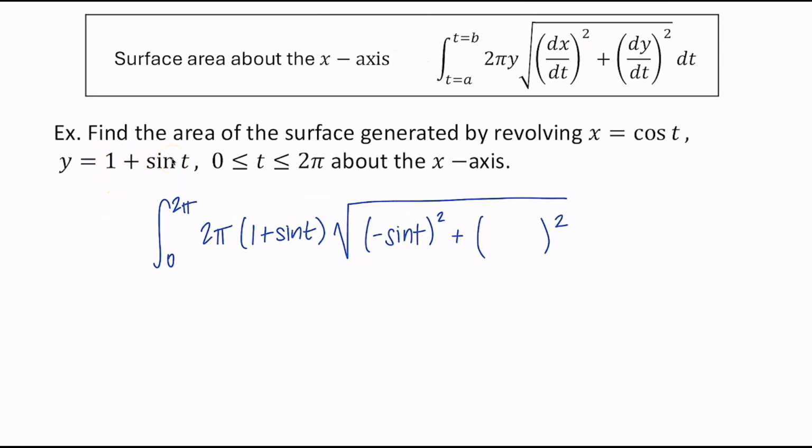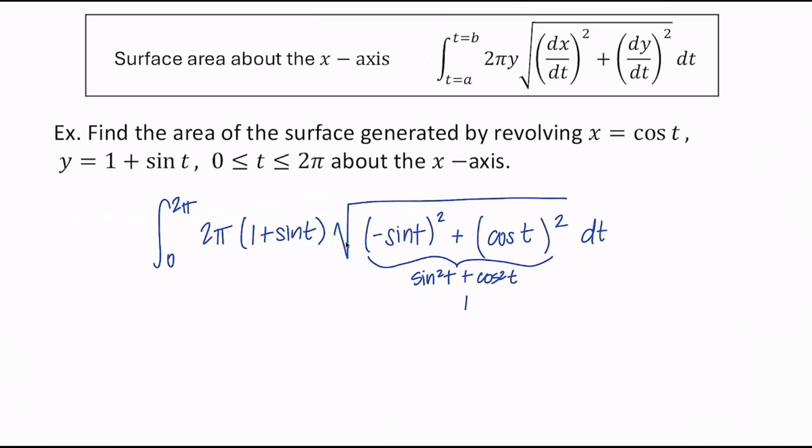The derivative of sine t is cosine t. So we're going to have cosine t squared dt. All right, so underneath this square root here, negative sine t all squared, that's just sine squared t. So what I really have underneath here is sine squared t plus cosine squared t. And we know that that is just 1. So this whole thing is the square root of 1, which is just 1.